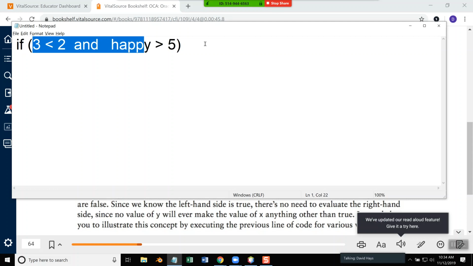For this to be true, they both have to be true. Right away, we know 3 is not less than 2, so this is false. So the question is, does he even need to check this? And that's what this is referring to: if both of these have to be true and this one's false, there's no need to even check that one.